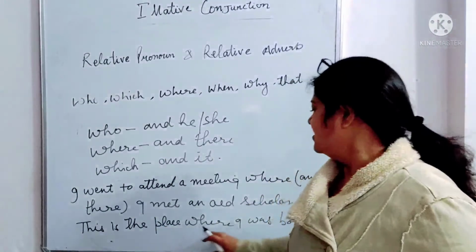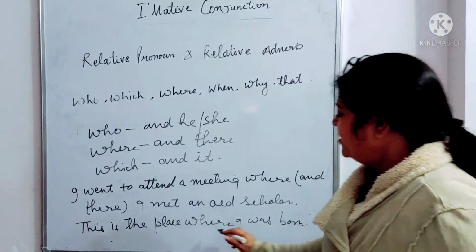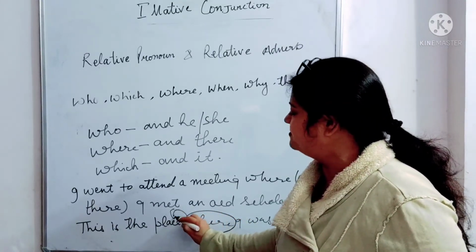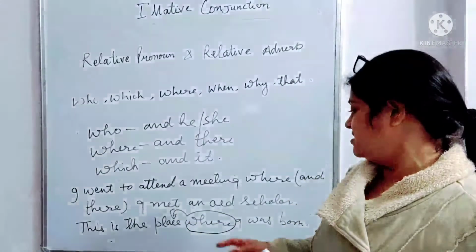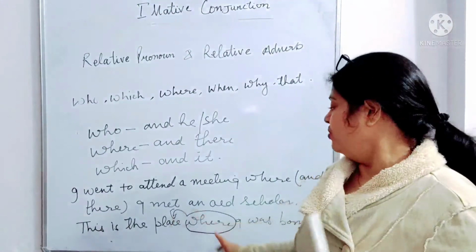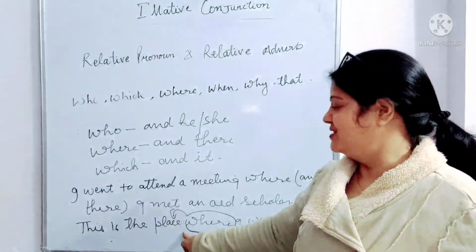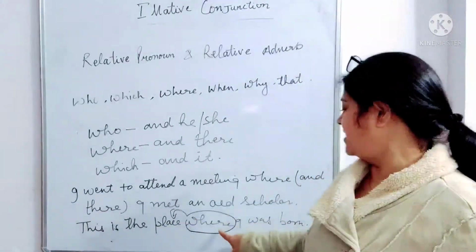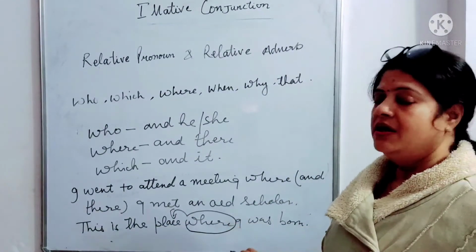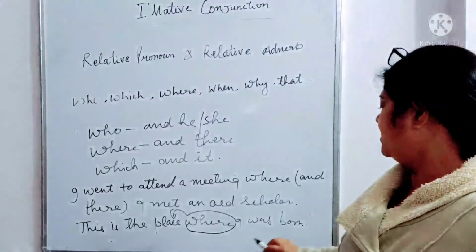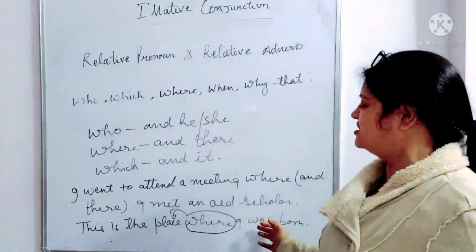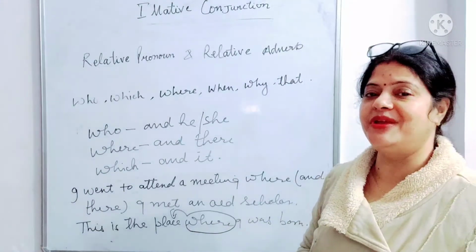This is the place where I was born. So here this conjunction where is actually talking about this particular place and it is describing this place. So it is a complex sentence. If it is a complex sentence, first it is the principal clause, and the second part where the subordinate conjunction has started would be called a subordinating adjective clause, which depends on the main clause for its meaning.